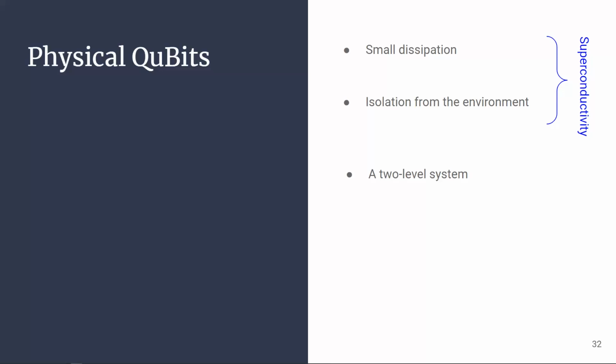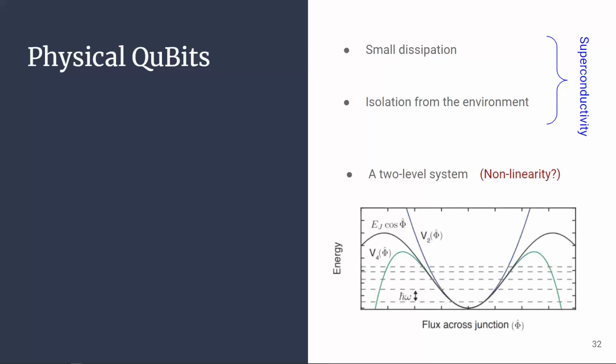And in order to have a superconductor, you generally work at low temperatures, so they are isolated from the environment in order to keep your material or system at low temperatures. So the first two things are checked by superconductivity itself. So what about a two-level system? Here we ask the question, can nonlinearity of the energy levels of the Josephson junction help?